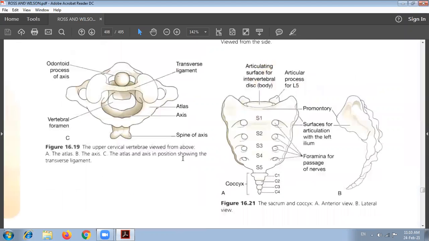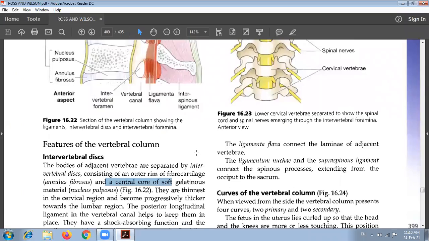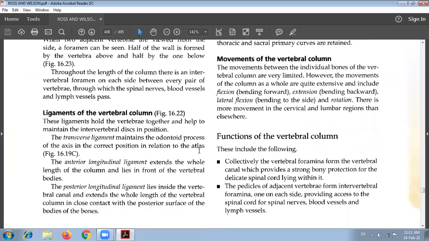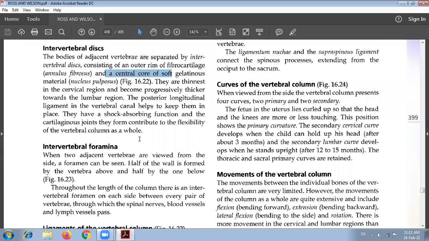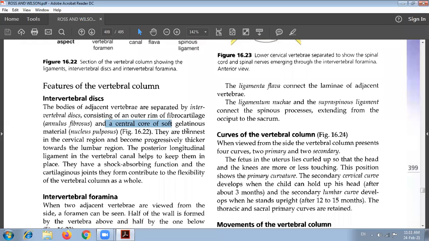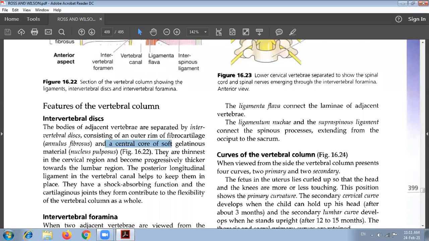So the vertebral column has some flexibility due to its intervertebral discs, which have a shock absorbing function. This gives shock absorbing capacity to the vertebral column.